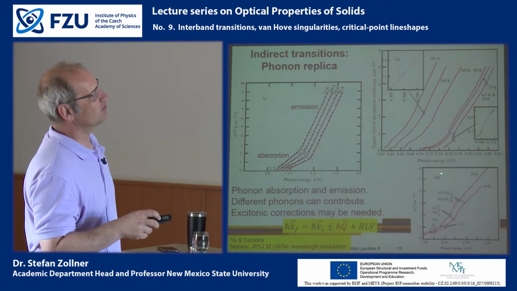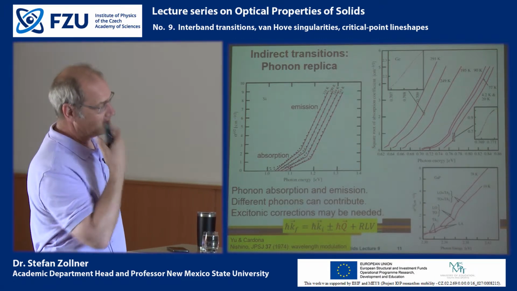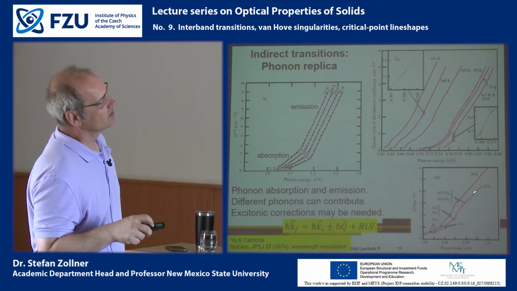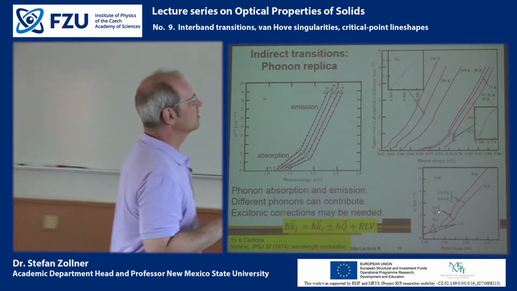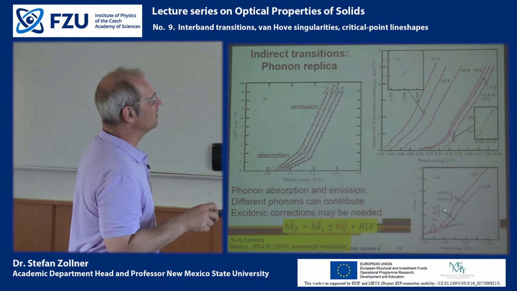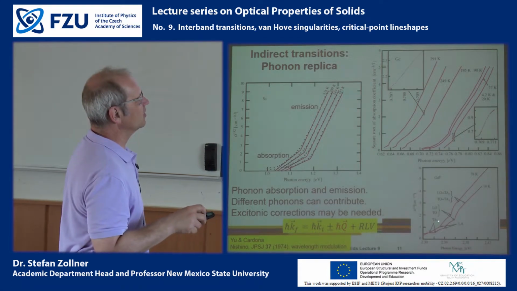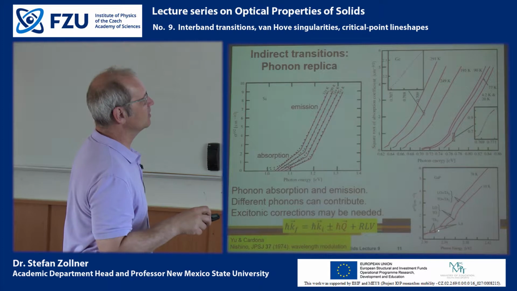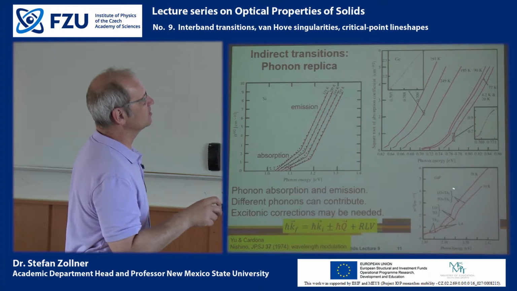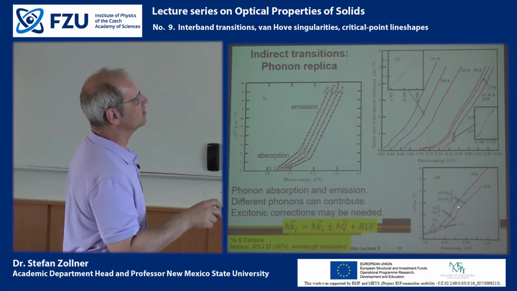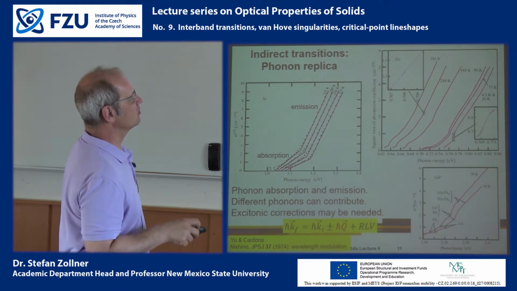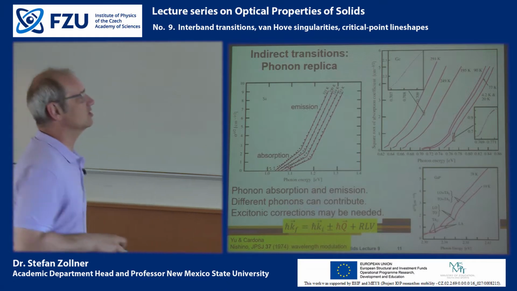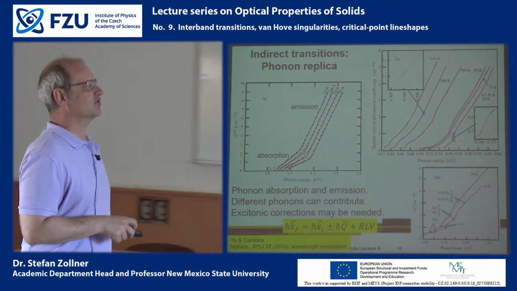In gallium phosphide, the process is even stronger, and we can see the various contributions of LO and TO phonons and transverse acoustic phonons and longitudinal acoustic phonons, and we can even have two phonon processes contributing to the indirect transition of gallium phosphide.